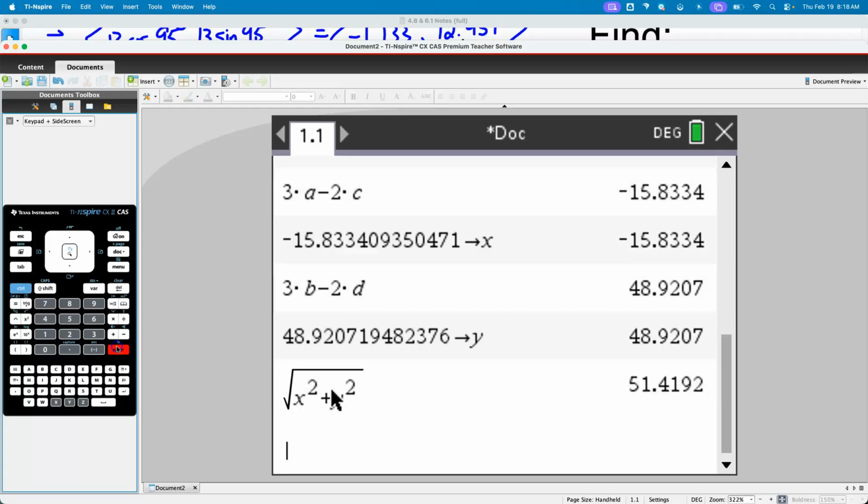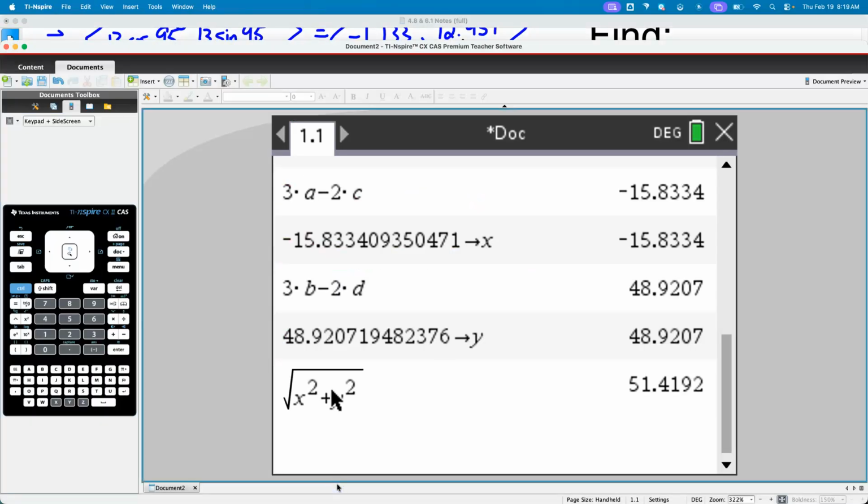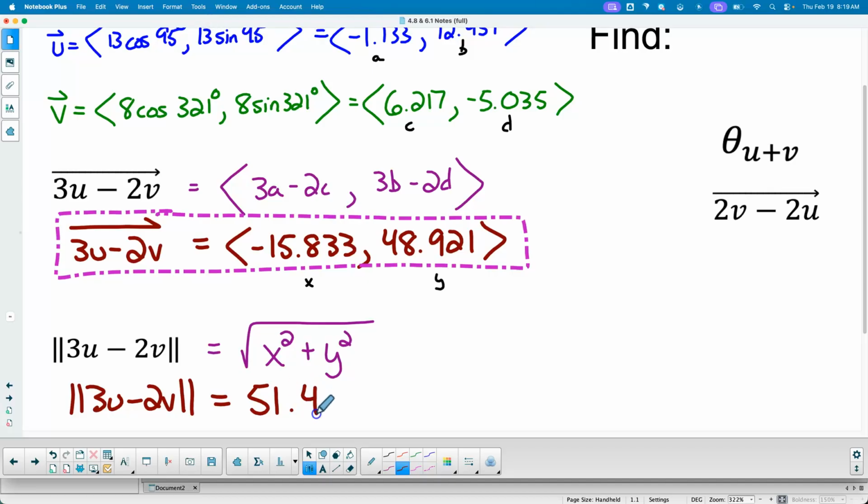And then when I hit enter, I get the magnitude of that vector is 51.419. With me? Okay.